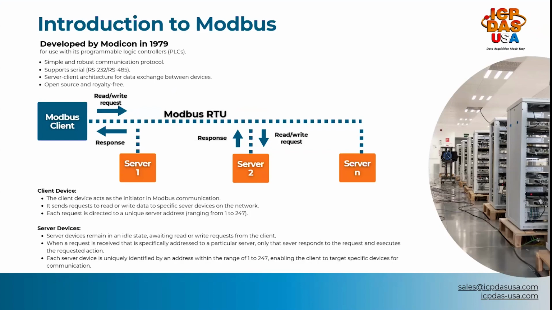The client device sends requests for data and write commands to server devices connected through a COM port of the PLC, computer, HMI, or other Modbus client devices. The requests are sent to an individually addressed server device. Only the server that the request is sent to will execute the request while other servers stay in a listen state. A Modbus RTU network can have up to 247 server devices connected to a single COM port.